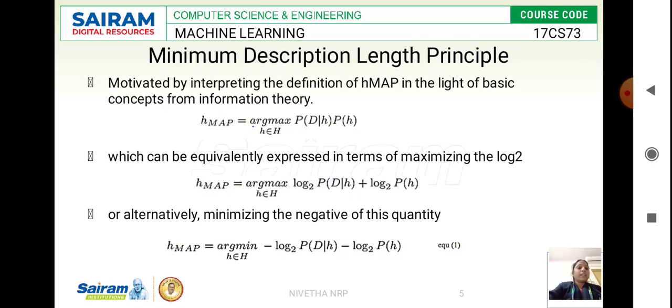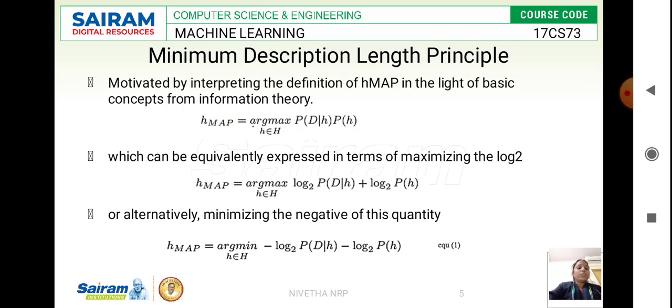We can express the same equation in terms of log. The only reason behind it is simplification.